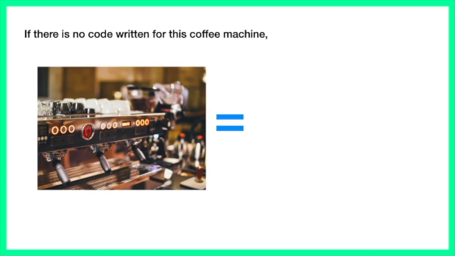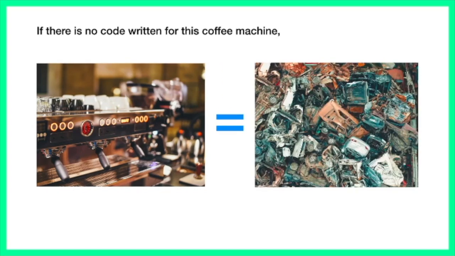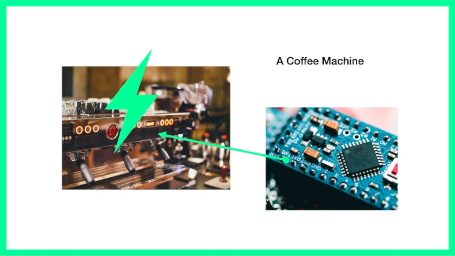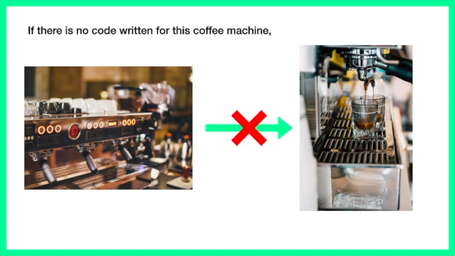If there is no code written for this machine, this coffee machine will be just as useless as a piece of metal scraps. Because no matter how sophisticated the electronic components or the electronic hardware the coffee machine can have, if there is no code written to it, it will never be able to brew a cup of coffee.